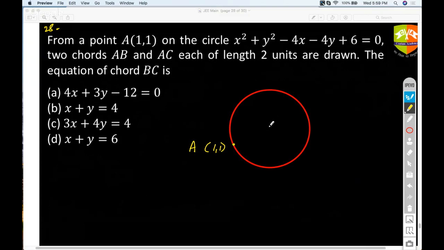All right. So the center is going to be (1, 1). Sorry, (2, 2). Correct? And you're drawing chords each of length 2 units. Radius is going to be root of 2.